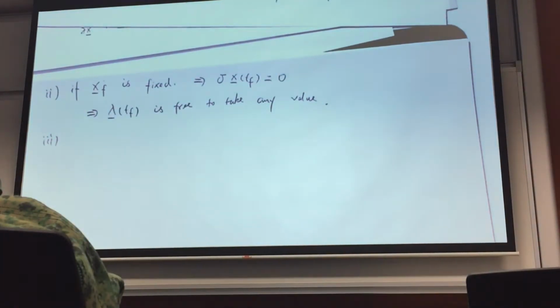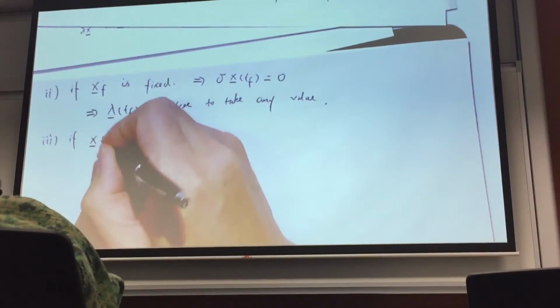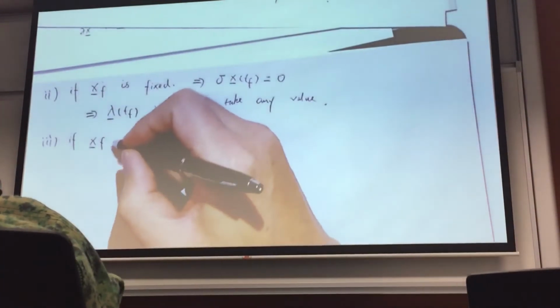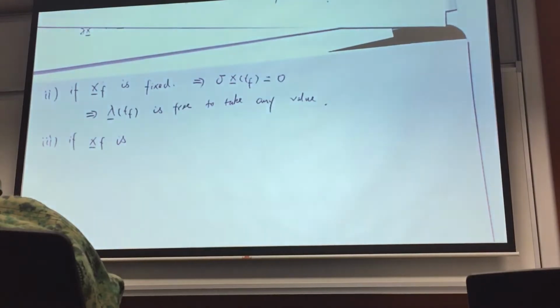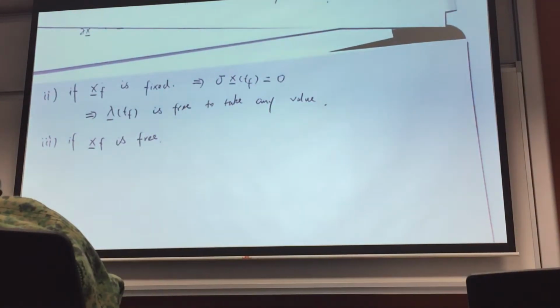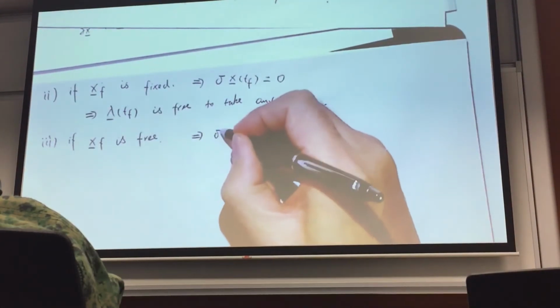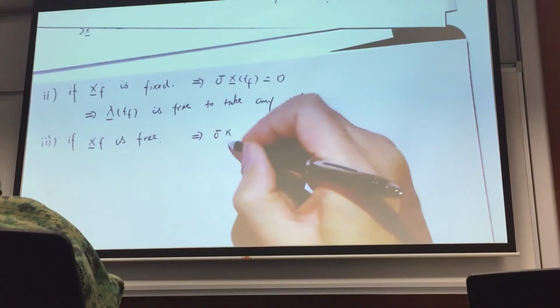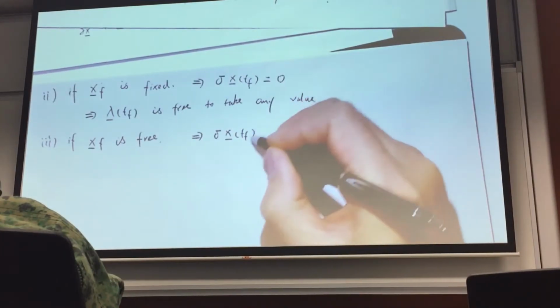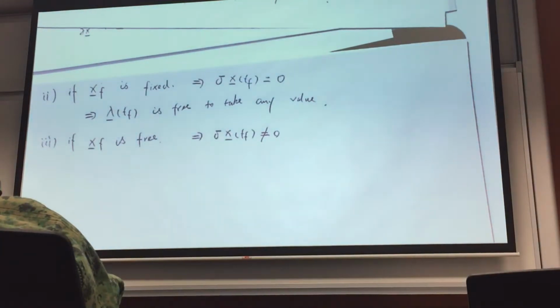So the third situation is if the xf, the final state, is not given. If this one is free, so we can perturb this delta x df, so this one is not 0 at the moment.